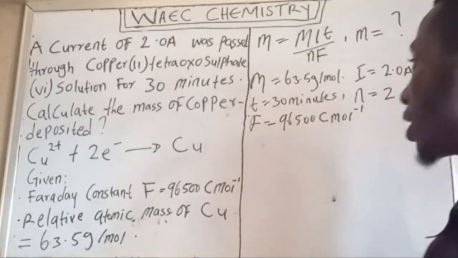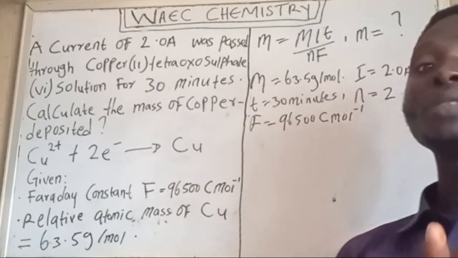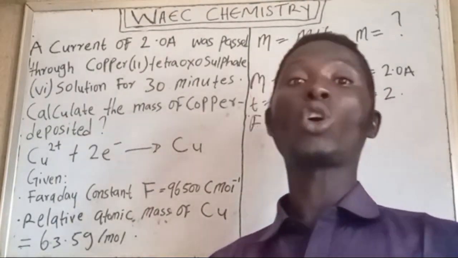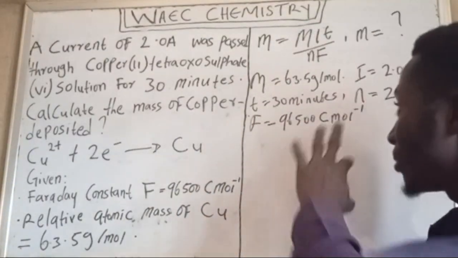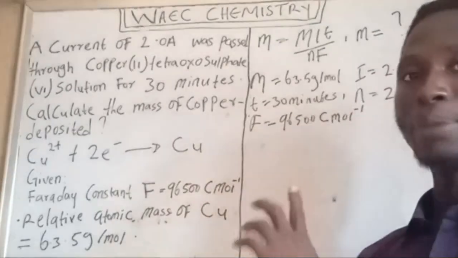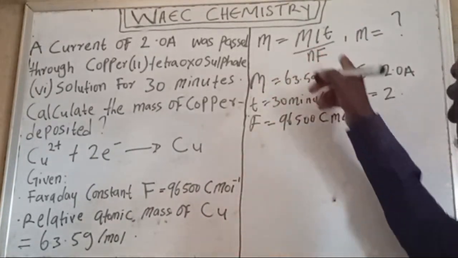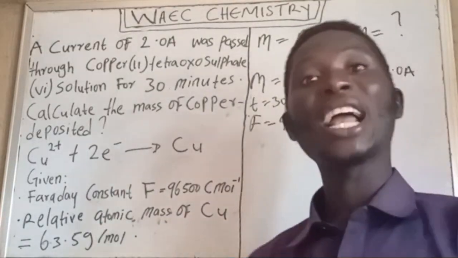After using your formula and bringing out the data from the question, the next thing is for you to substitute. But before then, this is the first mistake that students made in their exam, which caused them to lose their entire mark. What is the mistake that most students made here? In substituting these values into this formula, the time that is supposed to be used is in seconds.